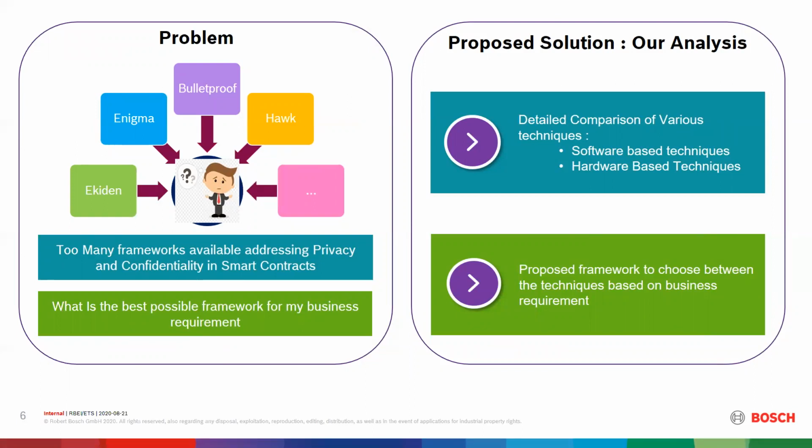Our proposed solution includes two phases. In the first, we have given a detailed comparison of the various techniques, including software-based and hardware-based techniques. The second is a proposed decision framework to choose between the techniques based on the business use case.